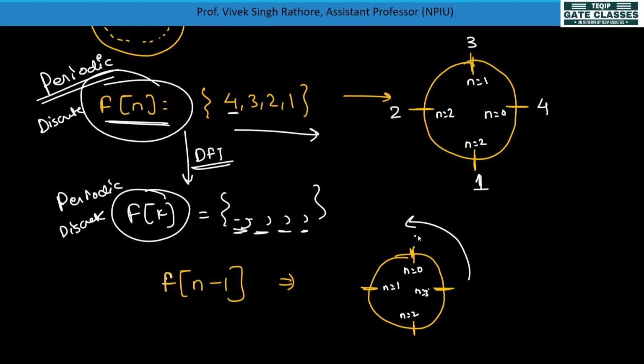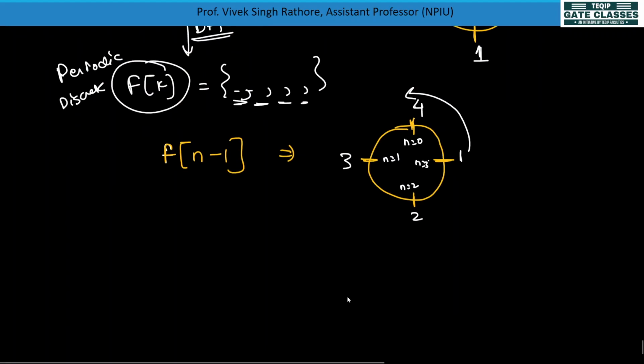So now the values are 4 here, then 3, 2 and 1. After all these values n equal to 0, 1, 2, 3, 4, it is again repeating and repeating. So see, these are the values of f of n minus 1.